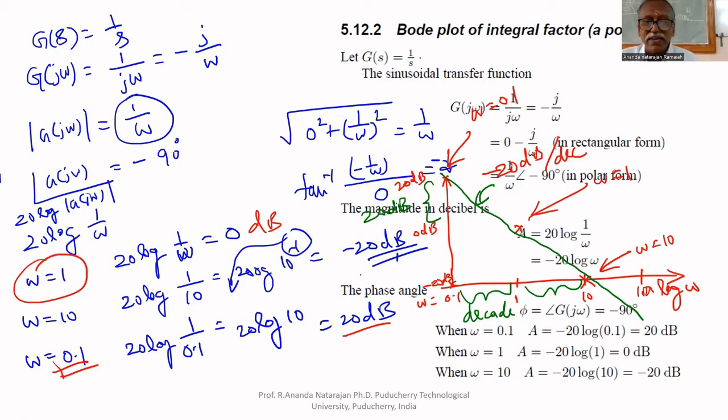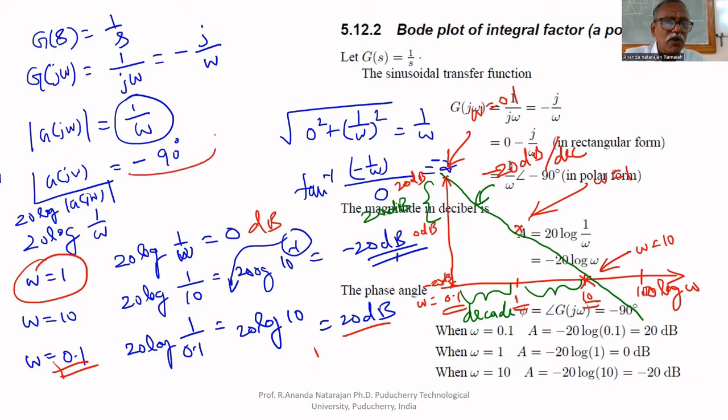Multiply 0.1 by 10, you get 1. Multiply 1 by 10, you get 10. Multiply 10 by 10, you get 100. Therefore, the slope for 1 by s is minus 20 dB per decade.